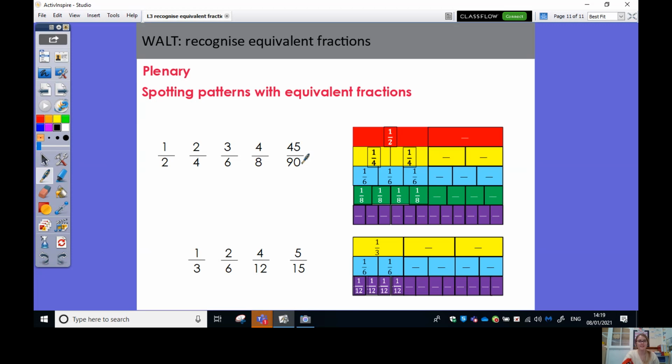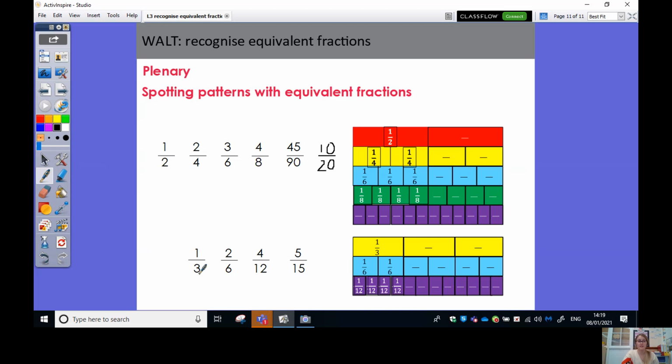Hopefully you've recognised that 45 is half of 90. So if the numerator is half of the denominator, then that is showing me 1/2. So I could say 10/20ths is also a half. I wonder if you can come up with some more examples when we've finished.